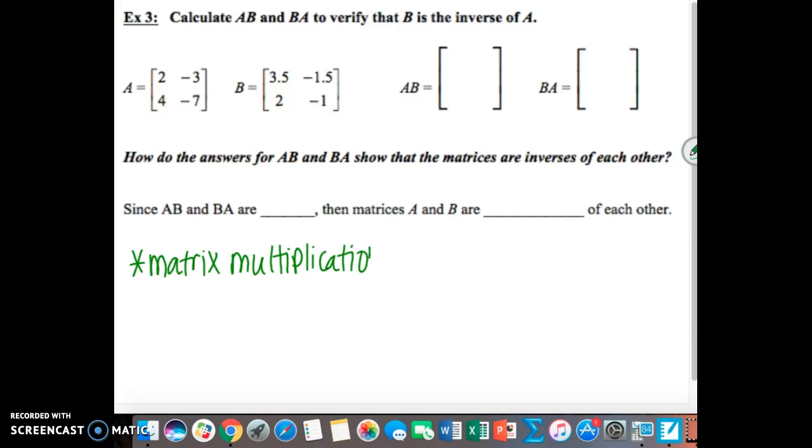So with that being said, let's multiply our two matrices together, AB and then BA.